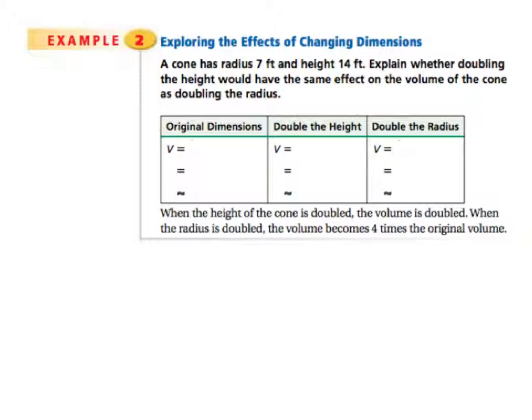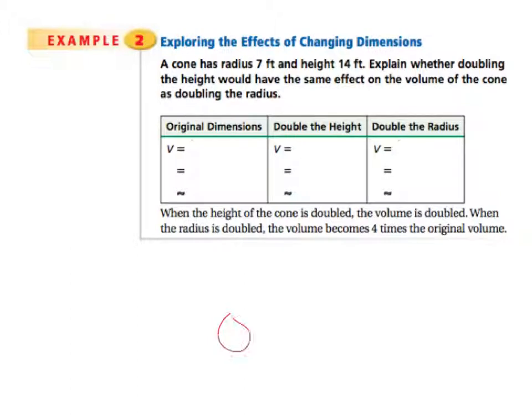So lastly, for example 2, we're going to figure out, okay, what happens when we switch these dimensions? Okay, so our original cone has a radius of 7 feet and a height of 14 feet. Explain whether doubling the height would have the same effect on the volume of the cone as doubling the radius.